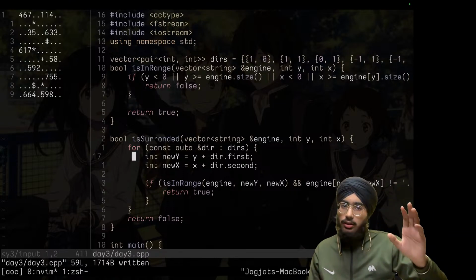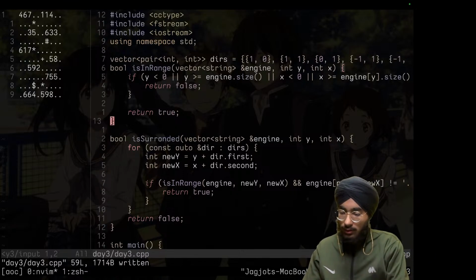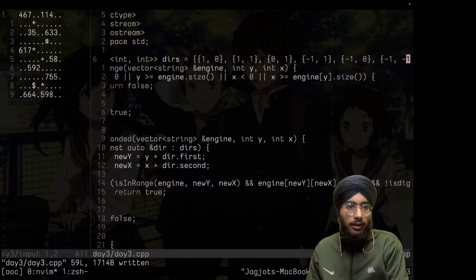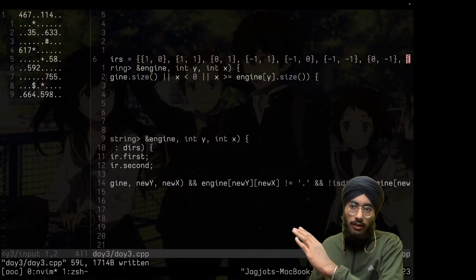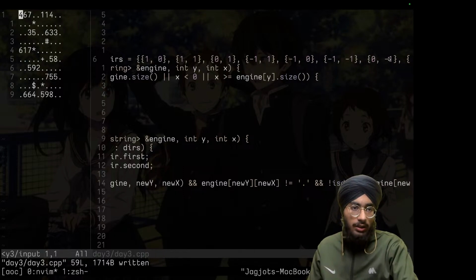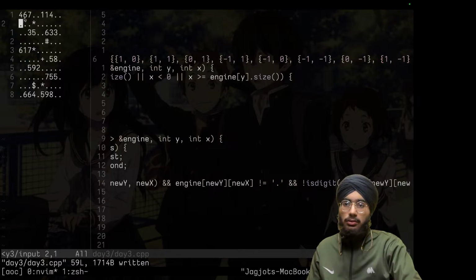Y is minus 1. No. Y is minus 1. No. And Y is minus 1. No. Y is 0, X is minus 1. It is going to return false since 4 is a digit. 1 minus 1, it is a period. So it's also going to return false.